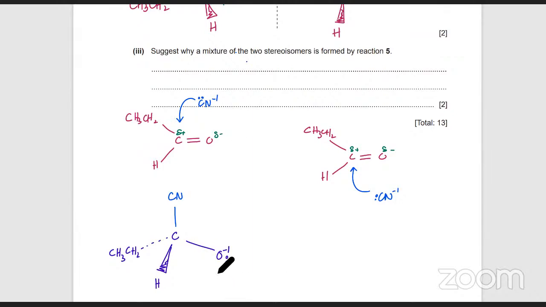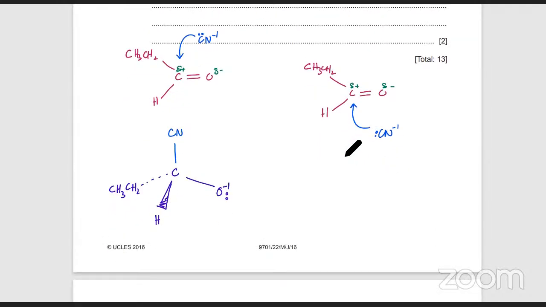Yes, sir. So yahan pe, what's going to happen now? Over here in this other one, the Cn-1 is attacking from the bottom side of the fan. The fan had two sides. So if it attaches from the bottom side, all the other bonds are going to be pushed upwards.